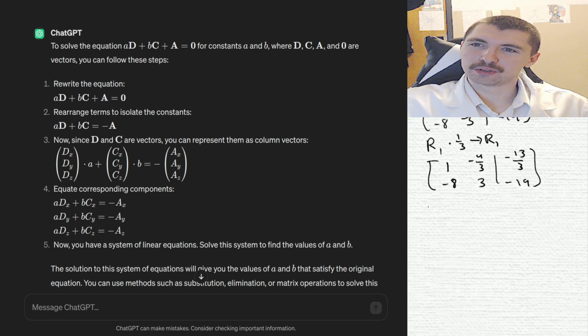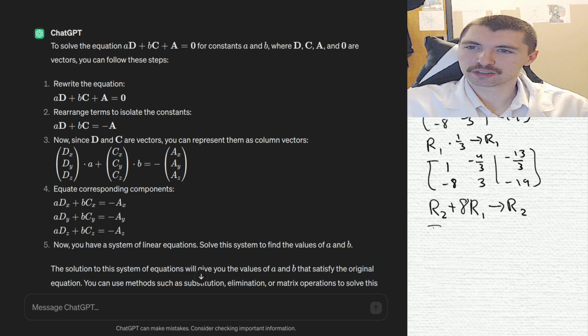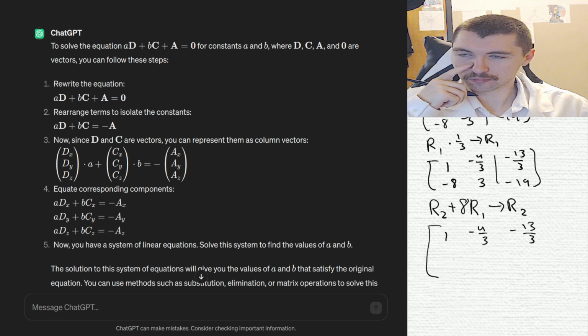Okay, so now we do row 2 plus 8 times row 1. We're putting that in row 2. So we will keep the same on top. Okay, so -8 plus 8 is 0.